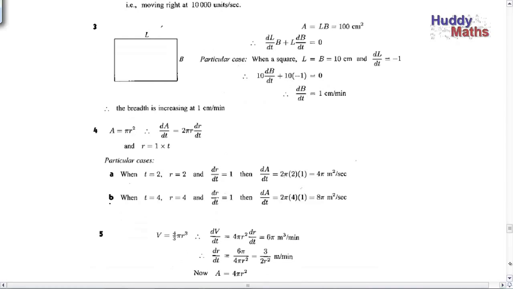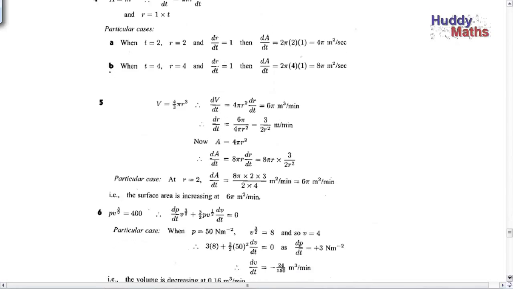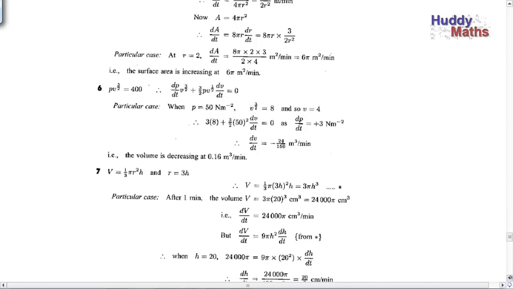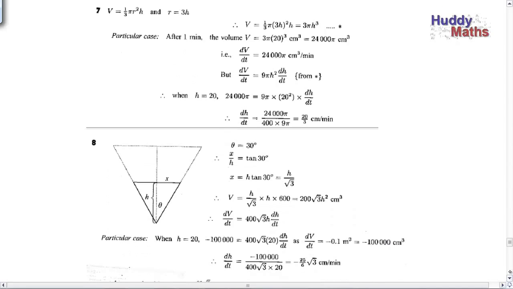Three and 4. Five and 6. Bit of 7. We'll just have a look at the rest of 8.